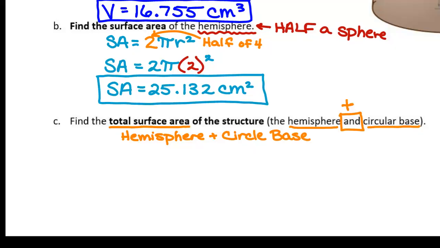This would be like if I was going to paint this dome. If this was made out of wood, if I took this wooden sphere right here and I took a saw and I cut it in half, the bottom would be a circle shape. And then if I wanted to paint it, this would be the amount of paint that I would need for the top domed part and for the bottom circle part. That's what we are calculating right now.